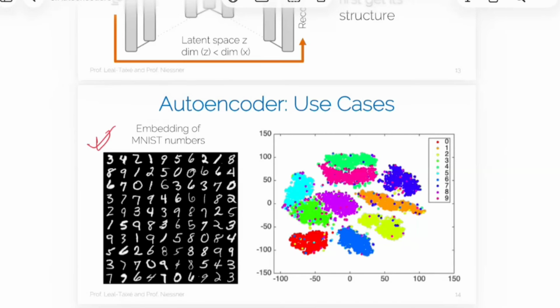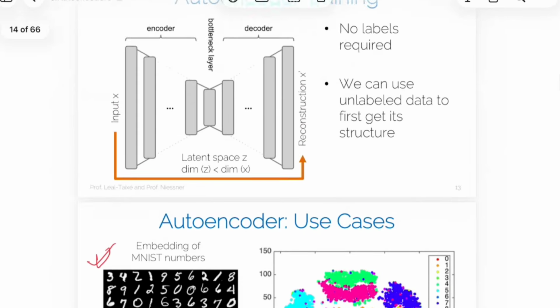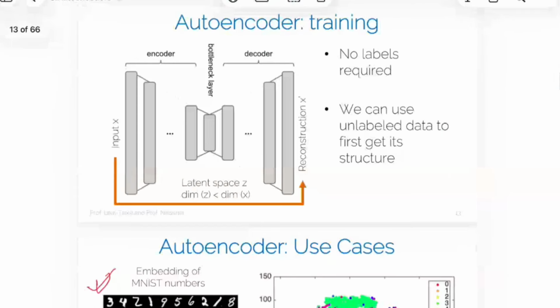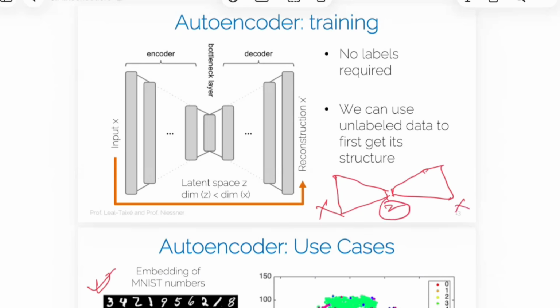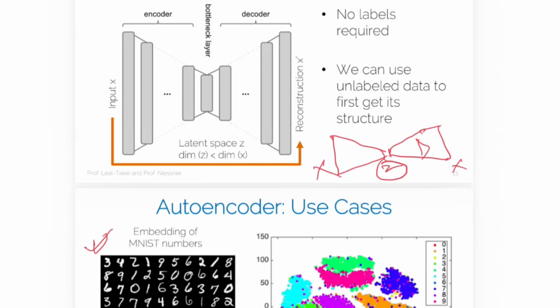Once it has learned, you know that whenever you go from X to Z, and again Z to X, this Z, in other words, has the discriminative features. That's why your decoder is able to generate the same image from this. Otherwise, it would not be able to do it. So Z has the distinct, the most important information of each image which you give to the encoder.